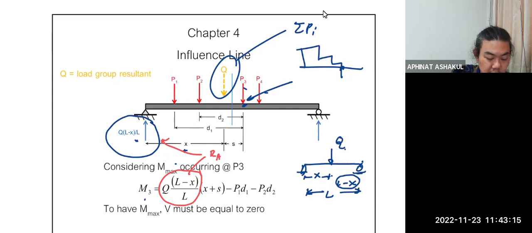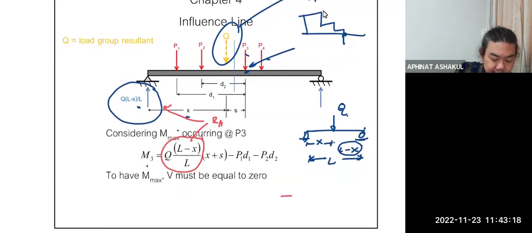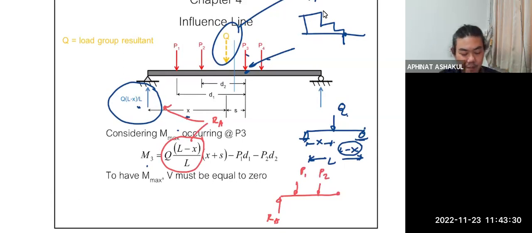So this is a simple free body diagram of this one. This is RA, this is P1, and this is P2. We take the moment, okay? So that's why we use P1 multiplied by D1, P2 multiplied by D2, their respective distances to P3. Okay?